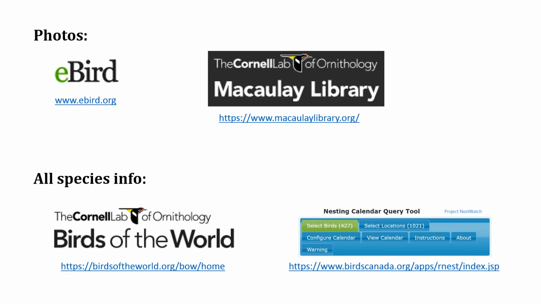Most breeding period information was taken from Birds Canada's nesting calendar query tool through Project NestWatch and filtered to only include Ontario breeding periods. Breeding periods will vary depending on geography and environment. Most of this information is produced by the Cornell Lab of Ornithology, of which Birds Canada is a partner.